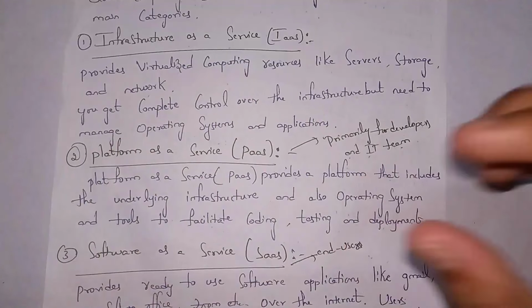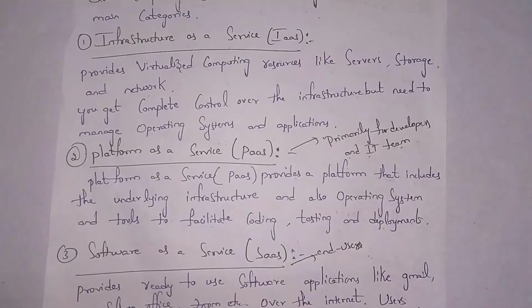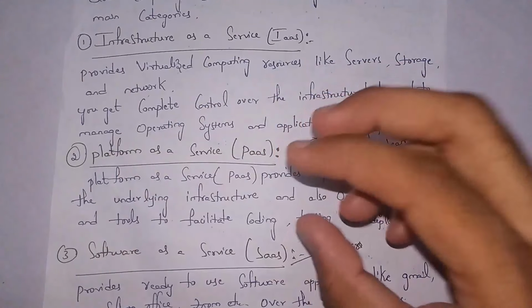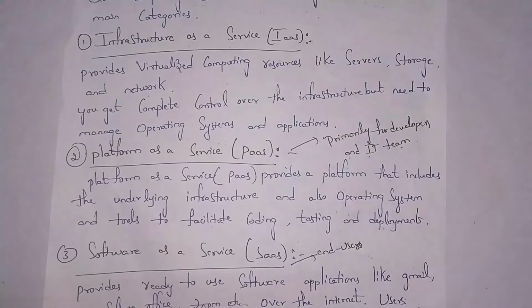In AWS, user takes one server for rent. So whenever user takes server for rent, AWS will provide only server, but installing operating system and applications is your responsibility. We are taking only infrastructure as a service. And second one is platform as a service.